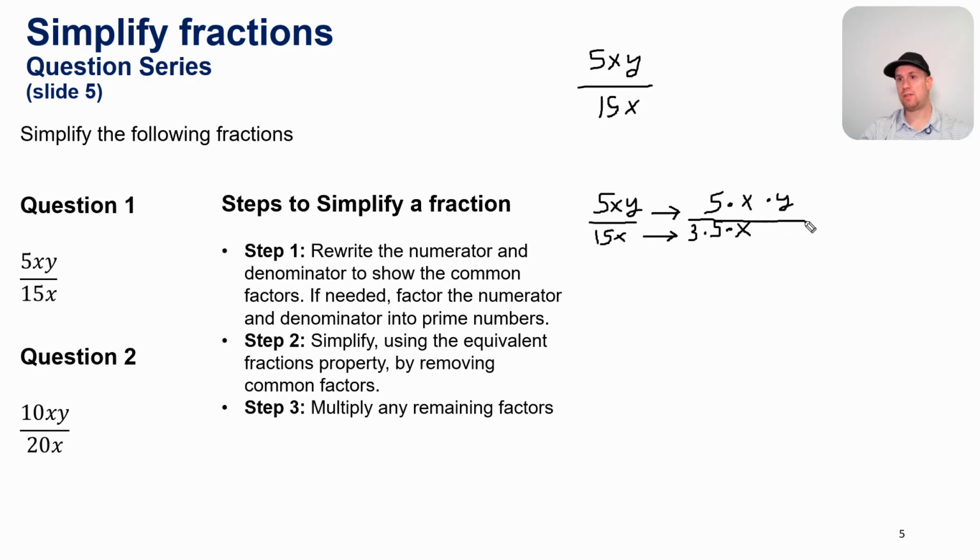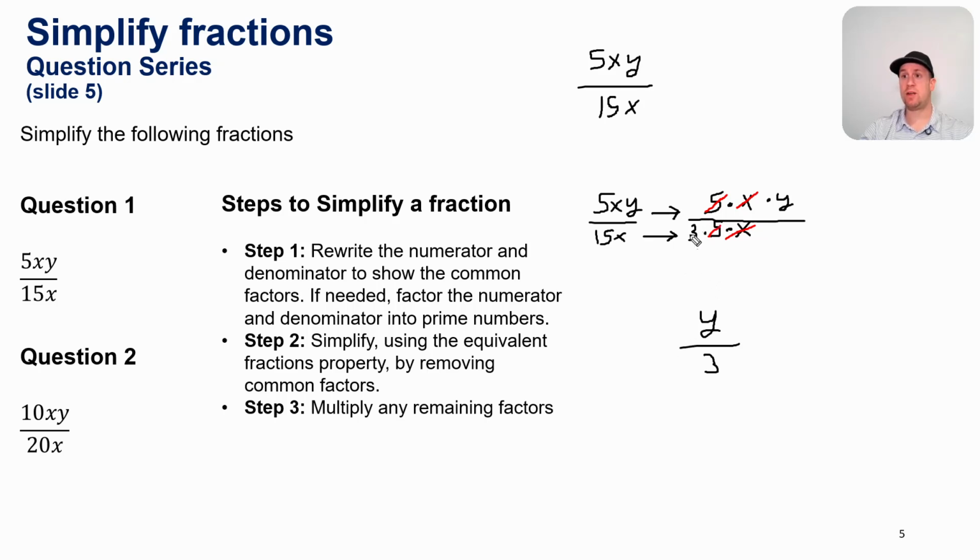So now if I look at the common factors here, I see that we have a 5 and a 5 that can cross out, and we have an x and an x that can be eliminated. So what we now have in the numerator is y, which you could also write as 1y, but we'll put y in the numerator. And then we have 3 by itself in the denominator here. So y over 3.